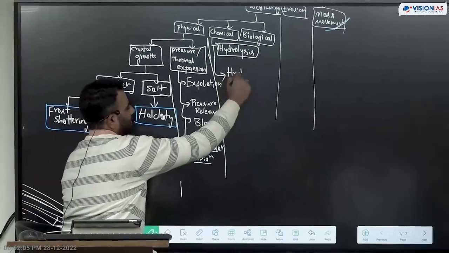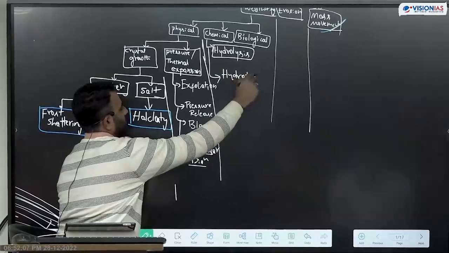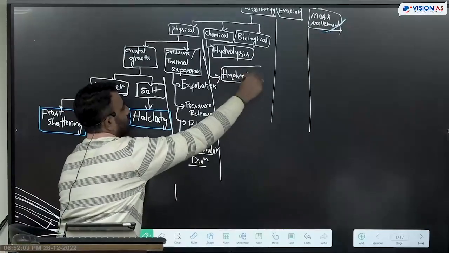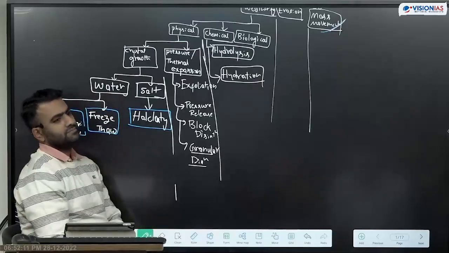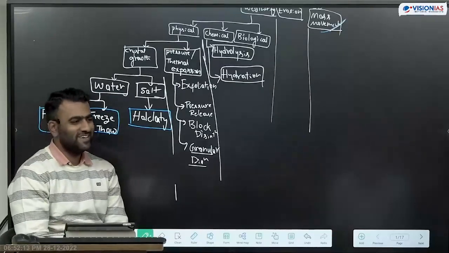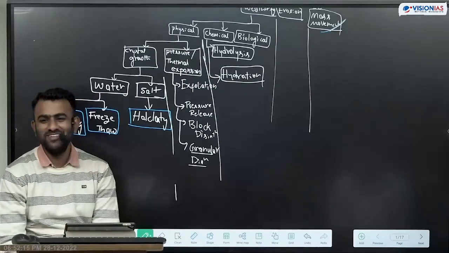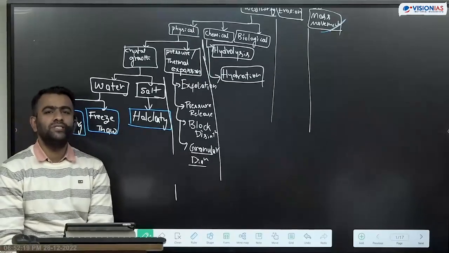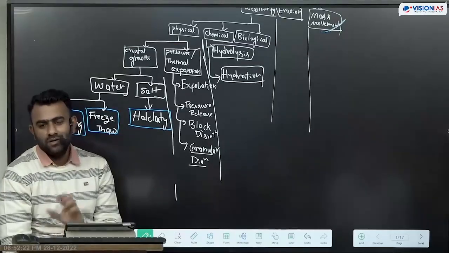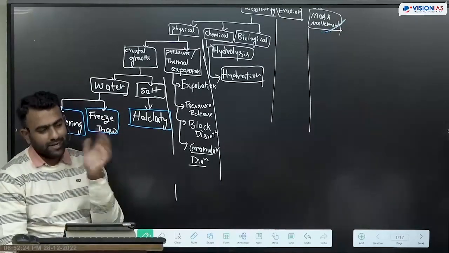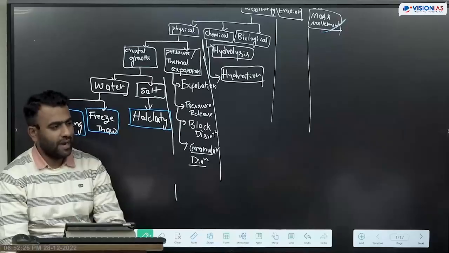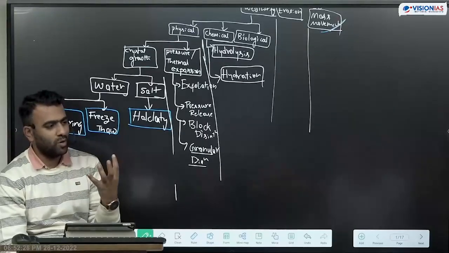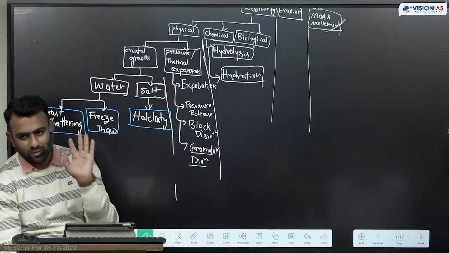There is also hydration. सुना है hydration? बताइए what is hydration? Guess मत करो, जो पता है बताओ. Addition of water. Addition of water is basically addition of water molecule into the rock minerals. Hydrolysis में क्या हुआ था? There was more amount of water. The mineral is getting dissolved in the water.